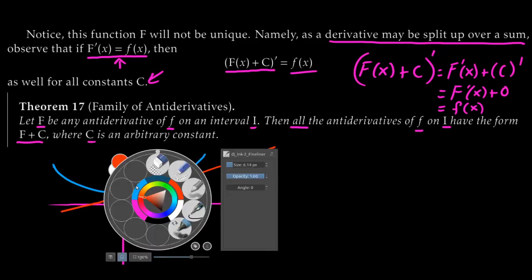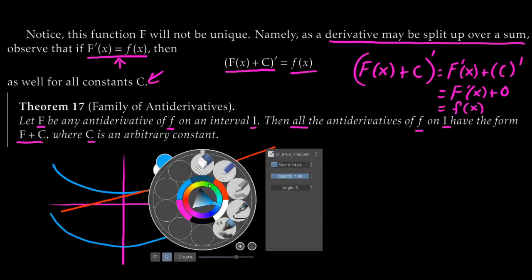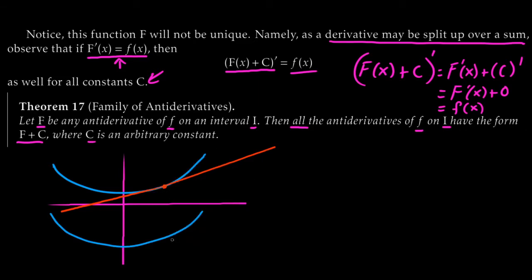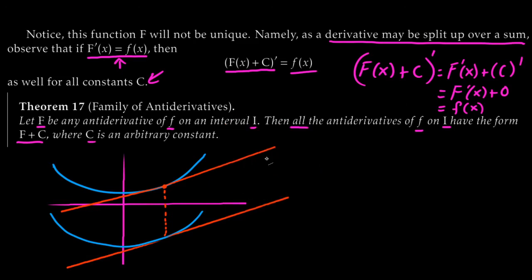Okay, now if I move this function just a little bit down, then if I go back and I grab a tangent line at the same point, notice, if I've drawn this well, then I should have the same slope. That is, these two guys, same slope.